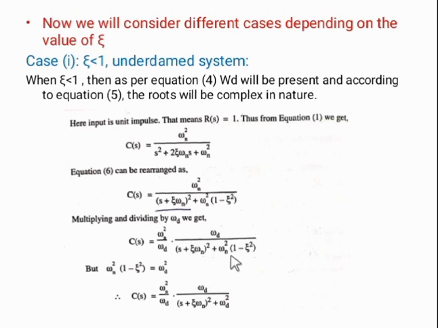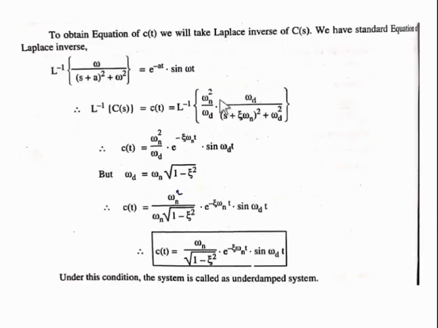To obtain the equation of c(t), we have to take the Laplace inverse of C(s). This is the standard equation of the Laplace inverse: L inverse of omega divided by (s plus a) square plus omega square is equal to e raised to minus at into sine omega t.